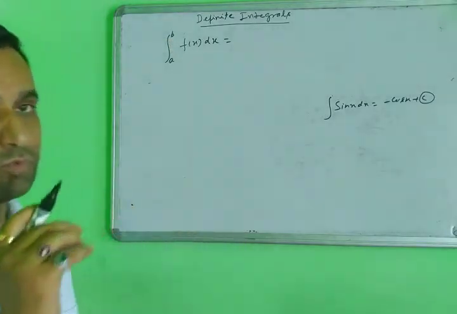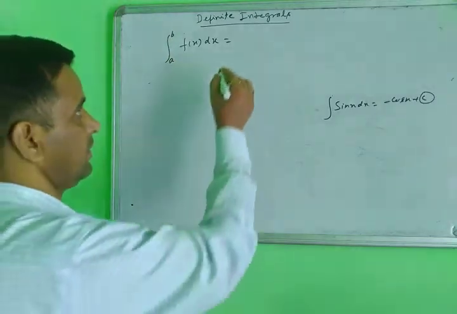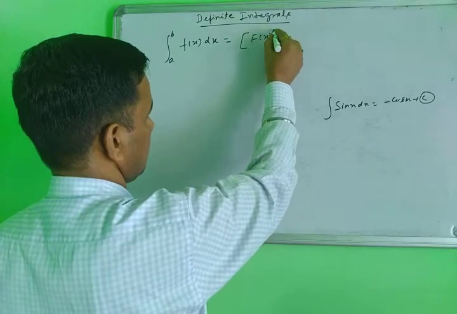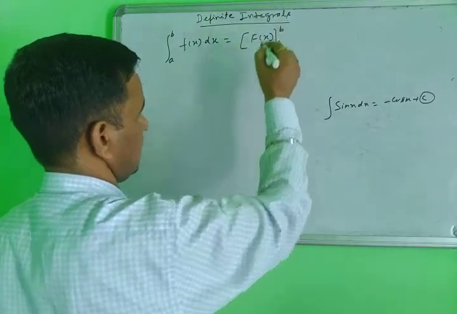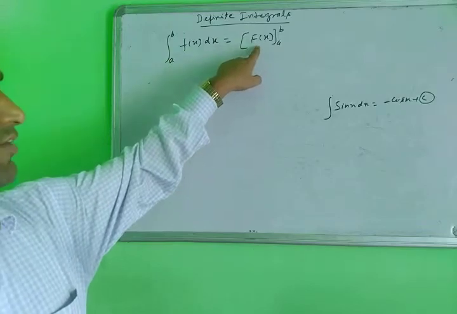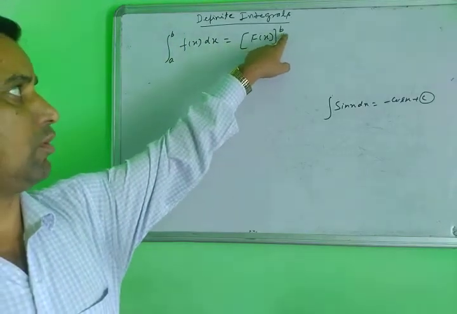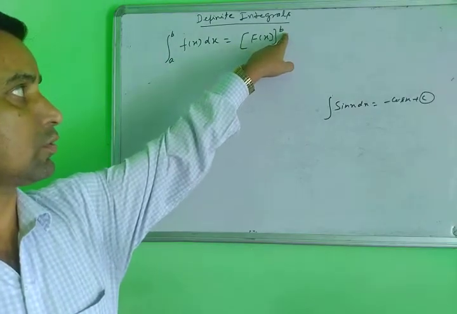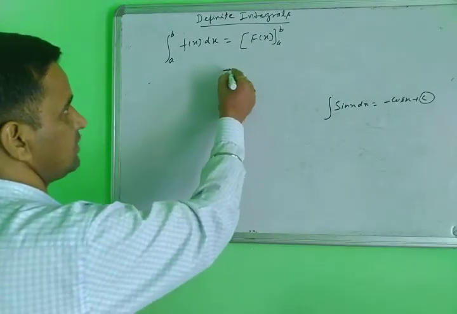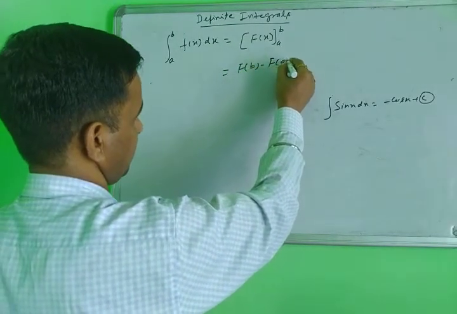These limits can be any integers, positive or negative, it does not matter. If the integral of f(x) from a to b is capital F(x), you write the limits outside in a square bracket, and then the value is F(b) minus F(a).